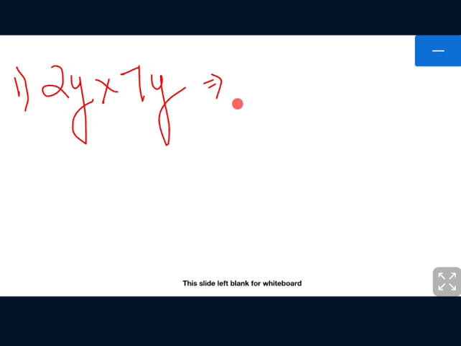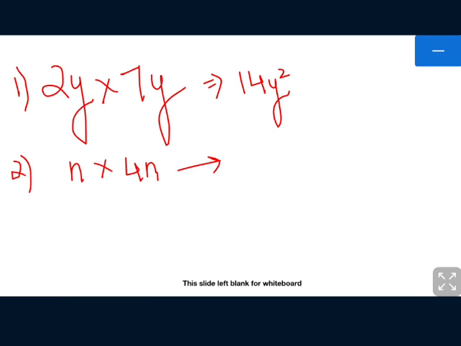Yes, that's very correct. So it's 14y squared. Okay, and this one? 4n squared. Yes.